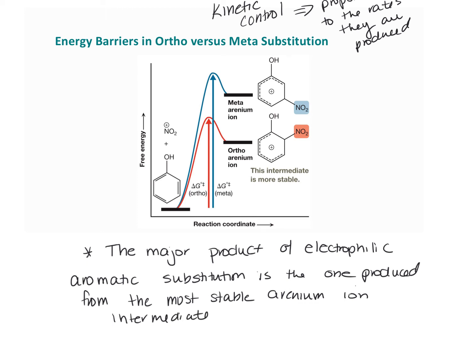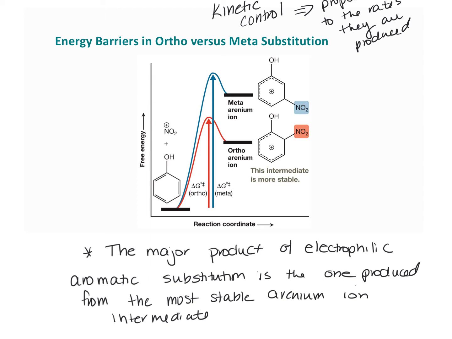All right. And what we see here is that there's a difference in stability of the meta-arenium ion and the ortho-arenium ion. So in the nitration of phenol, for example, the distribution of products is 50% ortho and 50% para.